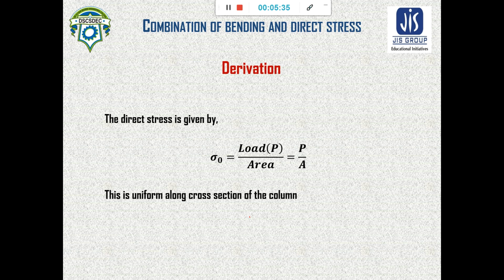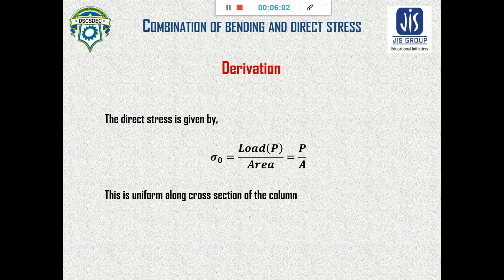Whenever a force is acting on a body, an equal and opposite reaction force is generated, and that reaction force is normal to the area. So the direct stress is nothing but the internal resistance per unit area, that is P by A, or load by area.